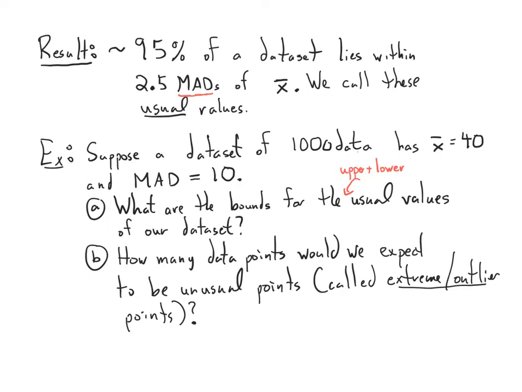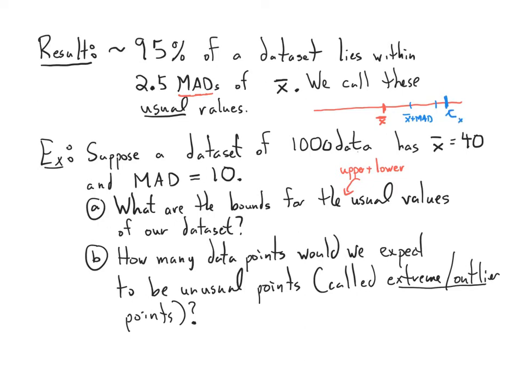So let me draw this on a little number line here. So if we have our number line, and let's say we take the mean of all the data points we have in some data set, and it is this guy. Well, this result says that if we add or subtract 2.5 mean absolute deviations, so let's say there's adding 1 MAD, there's the second, but here's 2.5 MADs.